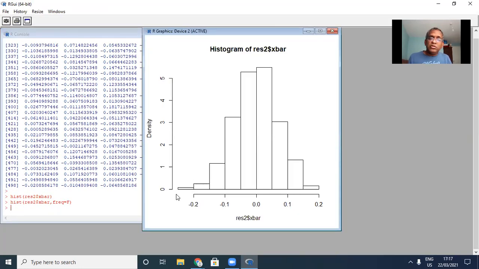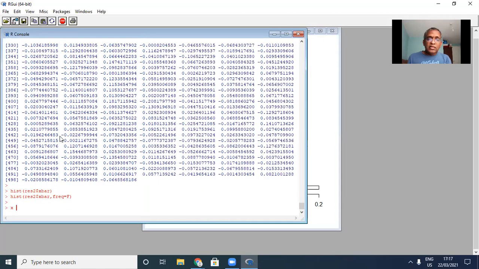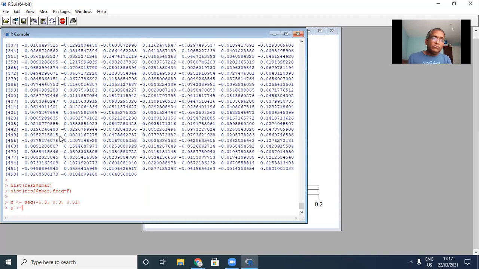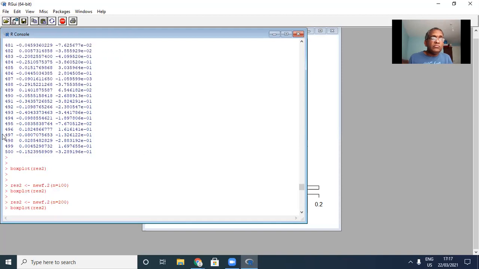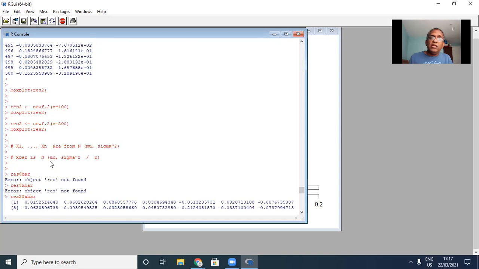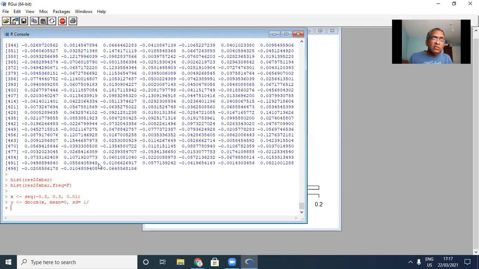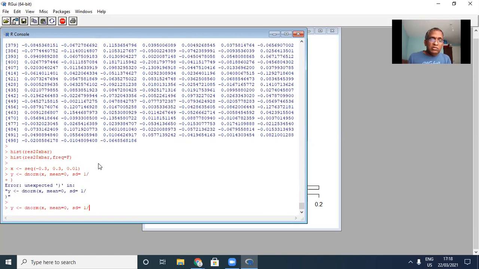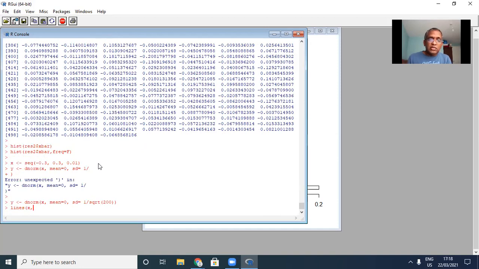The x-axis goes from minus 0.3 to 0.3, so let me define x as a sequence from minus 0.3 to plus 0.3 in steps of this, and y as the density of the normal at x with mean equal to 0, because our mu is 0, and standard deviation equal to 1 divided by the square root of 200. I took n to be 200, and since sigma is 1 and mu is 0, sigma squared divided by n is 1 over 200, which is the variance. Finally, I use the lines command, x comma y.